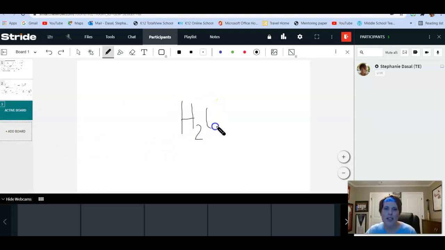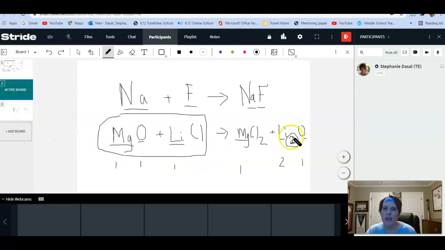So water is H2O, but if we add another oxygen, so let's say we change the subscript from 1 to 2, it changes the molecular composition. So this is water, but this is hydrogen peroxide. And those two things are very different. So when we are balancing our equations, we never want to add to the subscript.